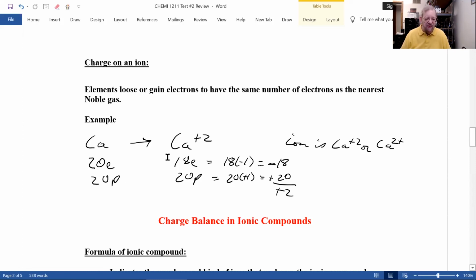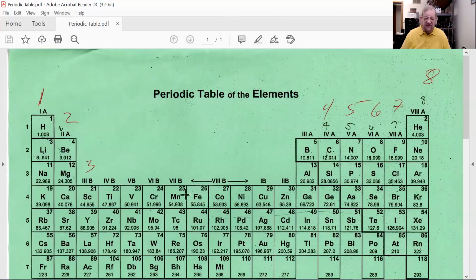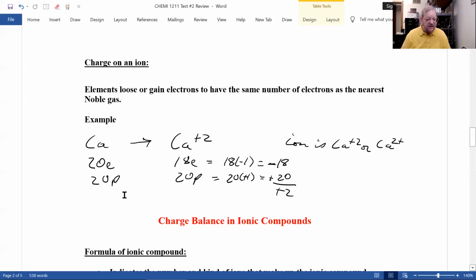The nearest noble gas, let's take a look at the periodic table. Here's calcium. The nearest one is argon with 18 electrons. And therefore, it wants to have the same number of electrons as the nearest noble gas, argon at 18, but it doesn't change the number of protons.